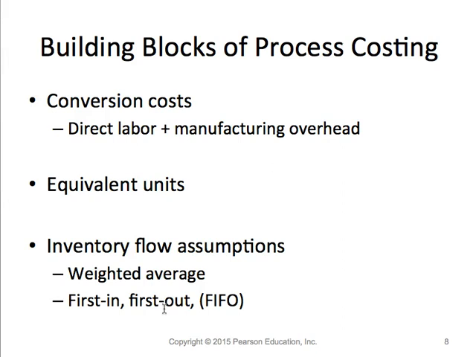For example, one's $10, one's $10.15, one's $10.30. And then if it's first in, first out, we're going to use the material at a cost of $10 first. And when we use up all that, we are going to start using $10.15. And then when we use all the $10.15 materials, we're going to use $10.30 and so on. So first in, first out is how we use.